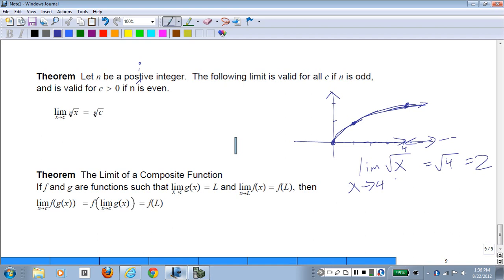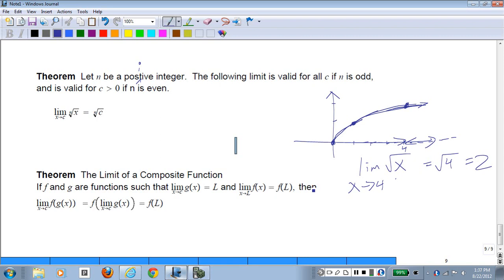If we want to evaluate the limit of f of g of x as x approaches c, and we don't want to actually have to take the time to compose them and calculate f of g of x, and the limit of g of x as x approaches c actually exists and equals L, then what we can do is evaluate the function f at that answer, and that will be the value of the limit, f of L.